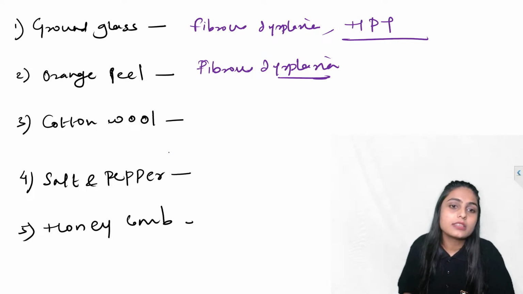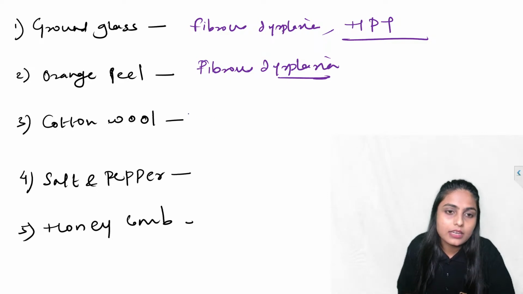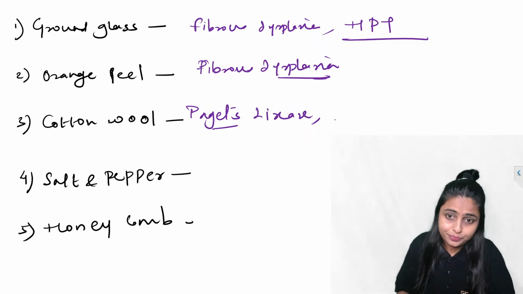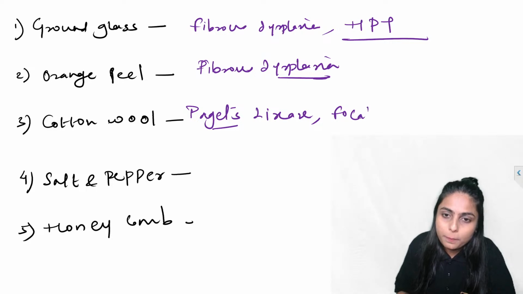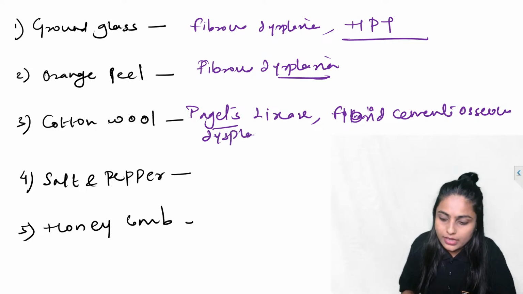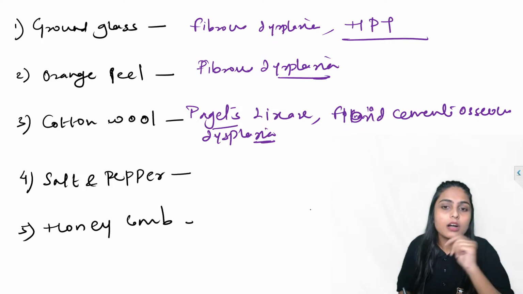Next we have the cotton wool appearance. Cotton wool appearance is seen in which all conditions? First and most famous, Paget's disease. Then FCOD, which stands for florid cemento-osseous dysplasia, also shows cotton wool appearance.